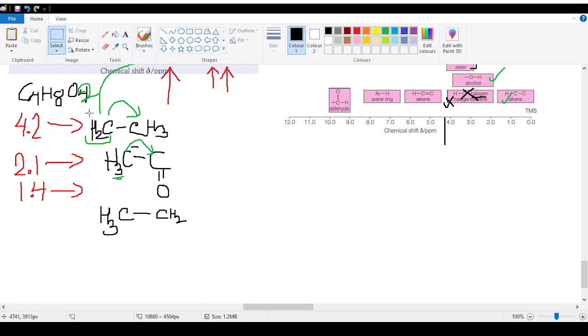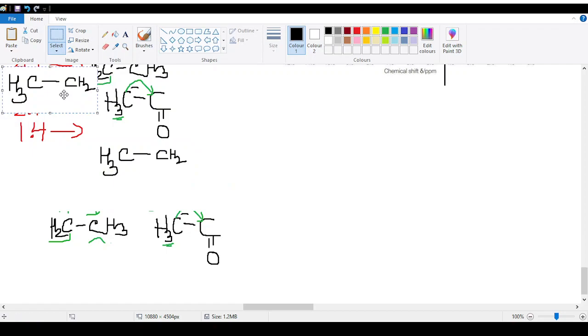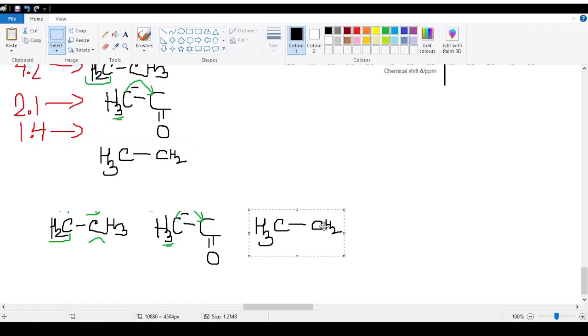Now, if I take these individual groups and try to join them together to make a compound out of them, let's see what's the most possible explanation. Something like that, right? I cannot really stick them like this, so I probably have to reinvert this.